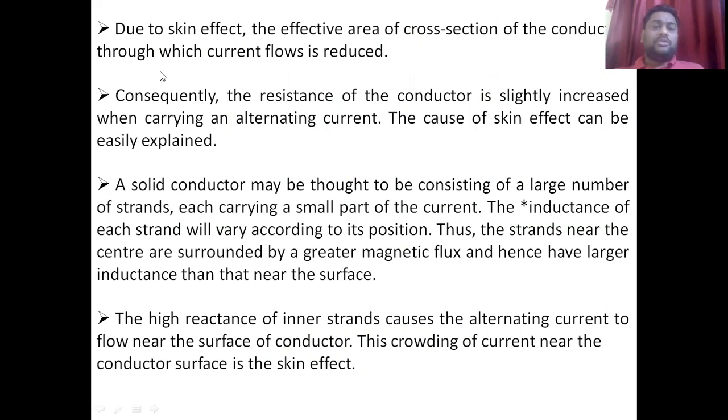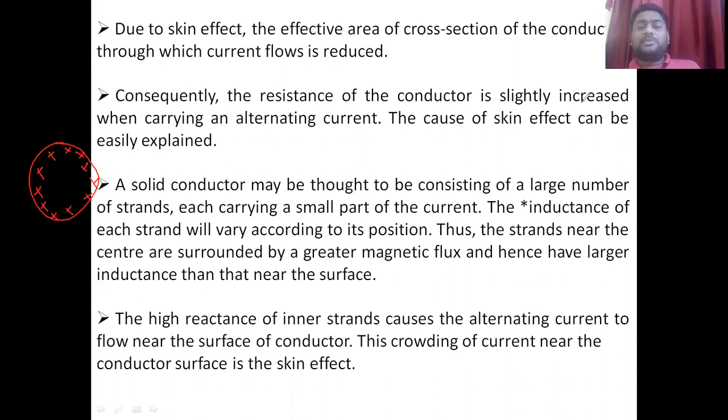Due to the skin effect, the effective area of the cross section of the conductor through which current flows is reduced. Current is only flowing through the surface of the conductor. That's why the only effective area is the surface of the conductor due to the skin effect.